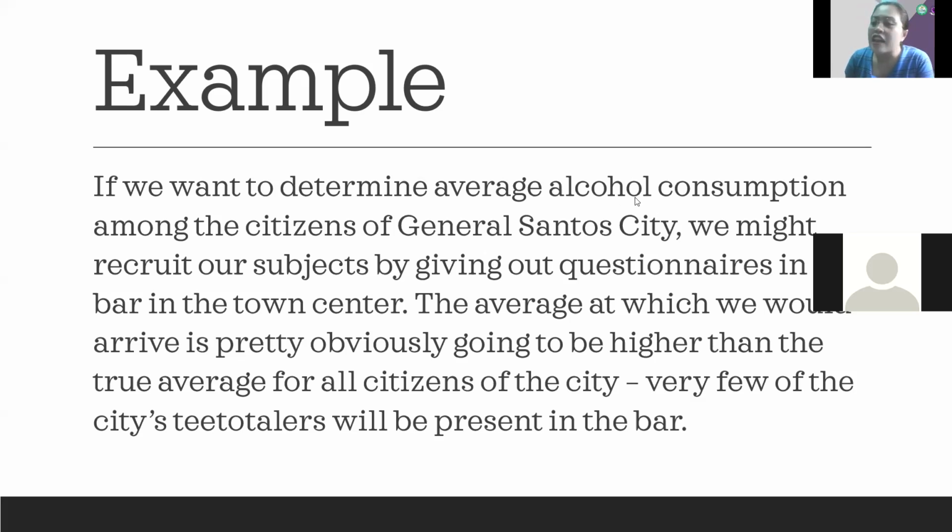So again, the goal of the research is to identify how much alcohol is being consumed by the citizens of General Santos City. However, in the procedure, the researcher may go to the bars in the town, and that will actually affect the result of the research.